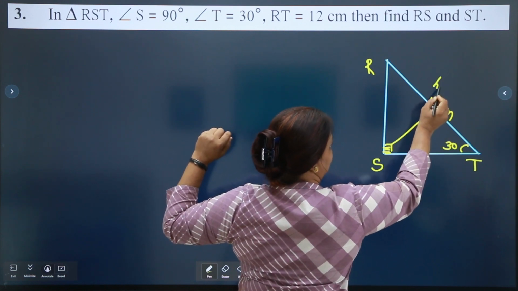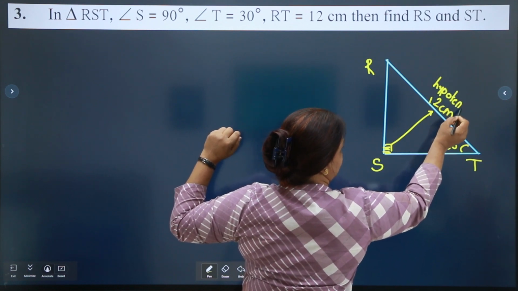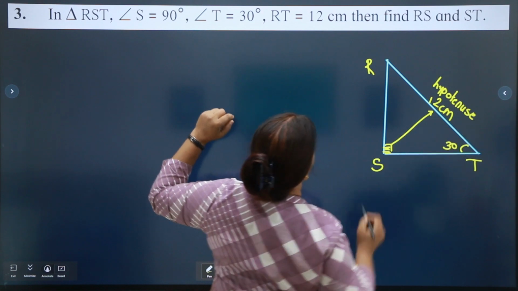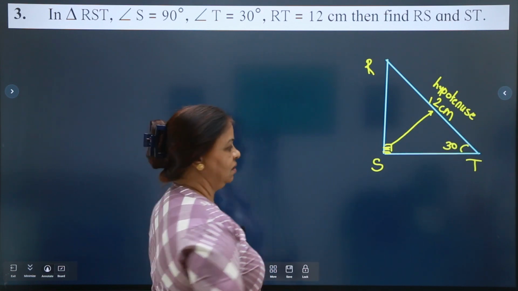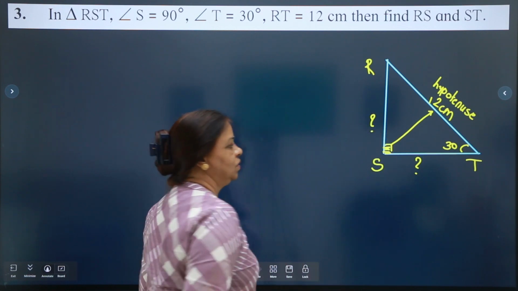So children, it is the hypotenuse. We have to find ST and RS.